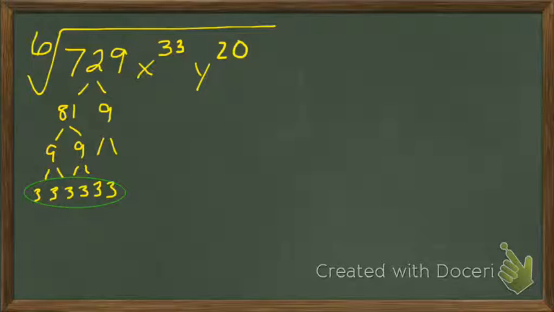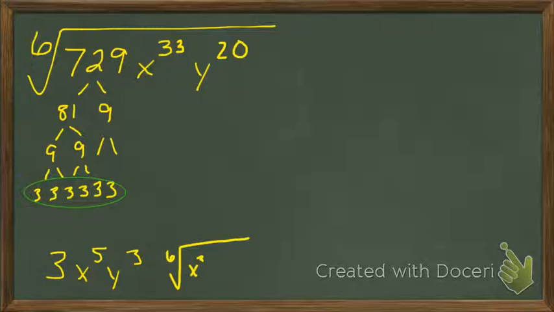Now you've got to think about these letters. 33 x's, circling groups of 6, you would have 5 groups come out. 20 y's coming out in groups of 6, you would have 3 come out. I don't think we have any lonelies coming out of the coefficient itself. But with the x, we would have 3 lonelies. And with the y, we would have 2. So there's my answer. Do you agree?